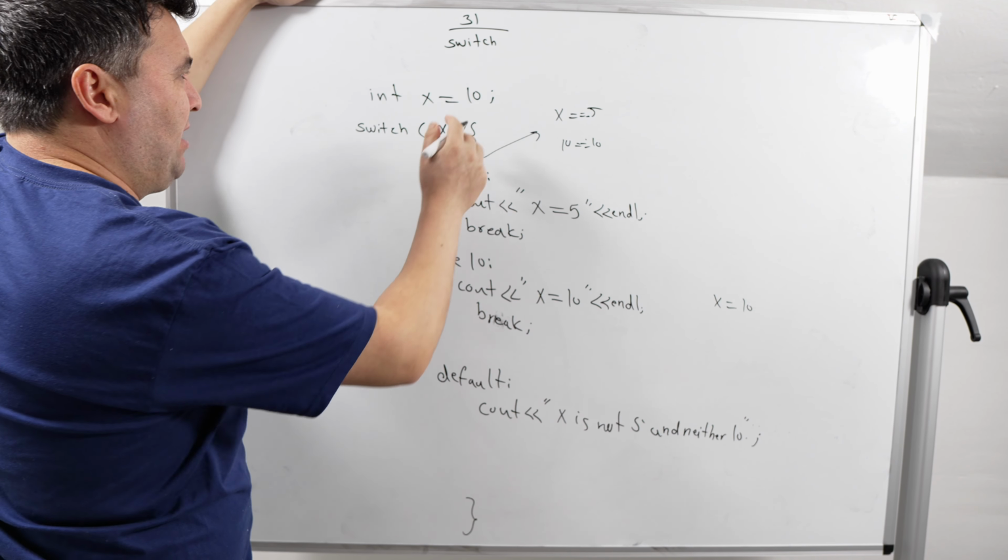Then the default part will be executed because none of the above constants are equal to the x value. So the default says cout x is not 5 and neither 10. That is now the output of our program. So this is an example of how the switch statement works, and how we can use switch statements in our program.